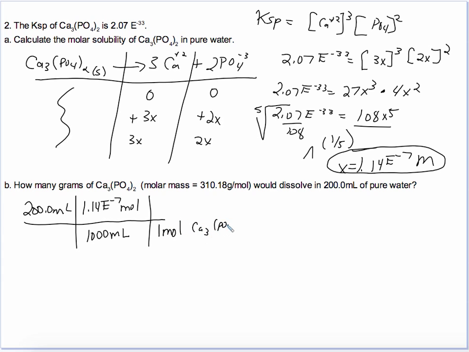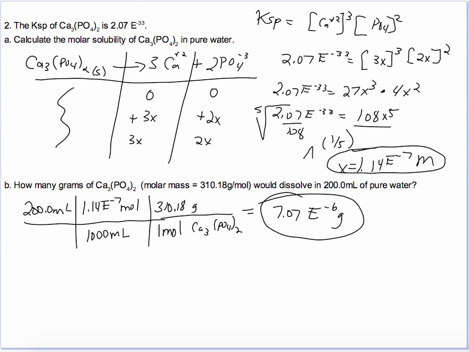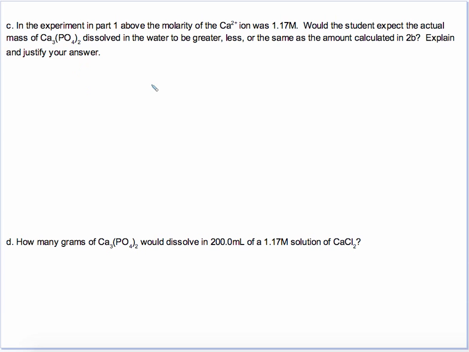Then I'm going to change it to grams. So 1 mole calcium phosphate, and the molar mass is 310.18 grams. If we do that math, we get 7.07 e to the negative 6 grams of calcium phosphate.